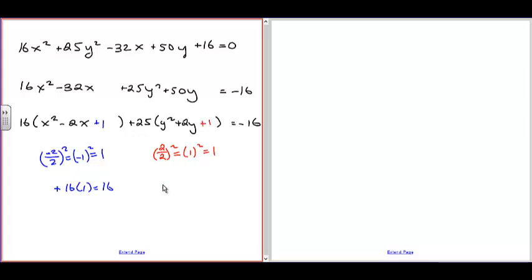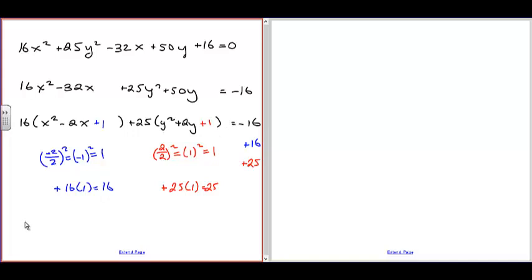But we're really adding 25, because we have 25 times 1. So on the right-hand side, we're going to add 16, and we're going to add 25. We have to add it to the right-hand side.